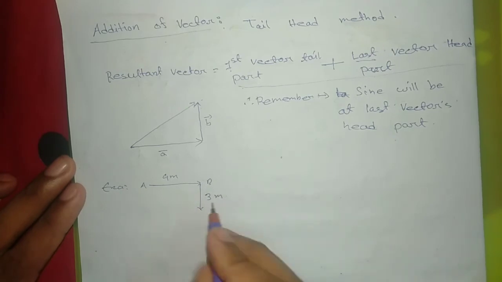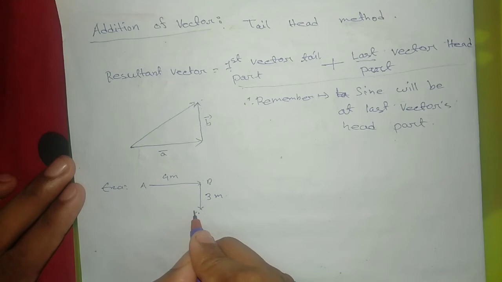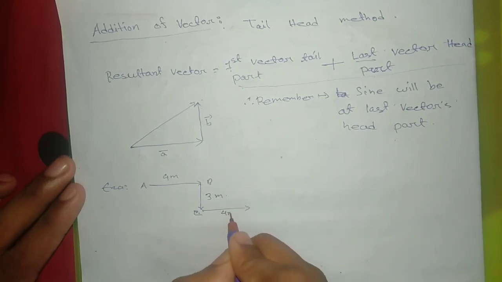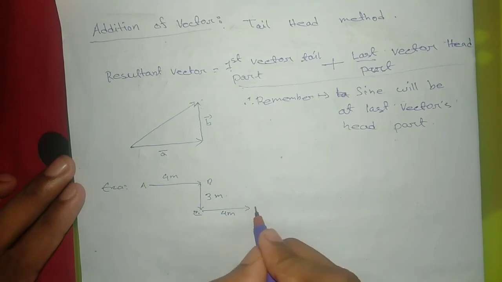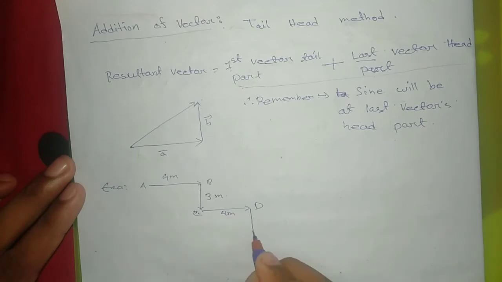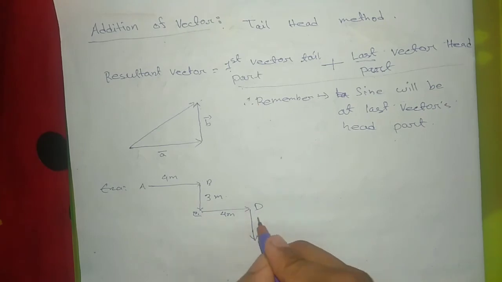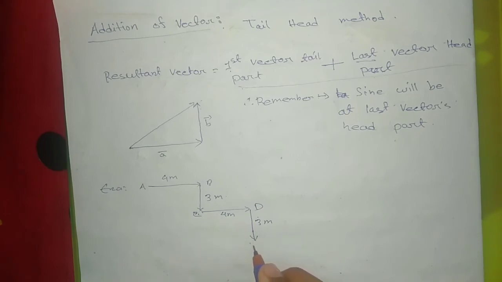Consider 3 meters, and again change its direction. This is D vector, and again at this place change its direction, 3 meters. E vector. Then we have to find the resultant vector.